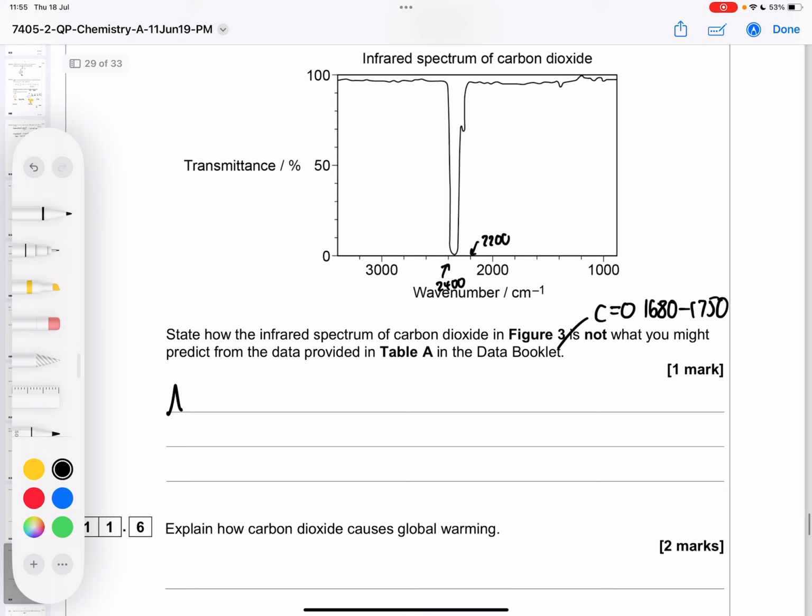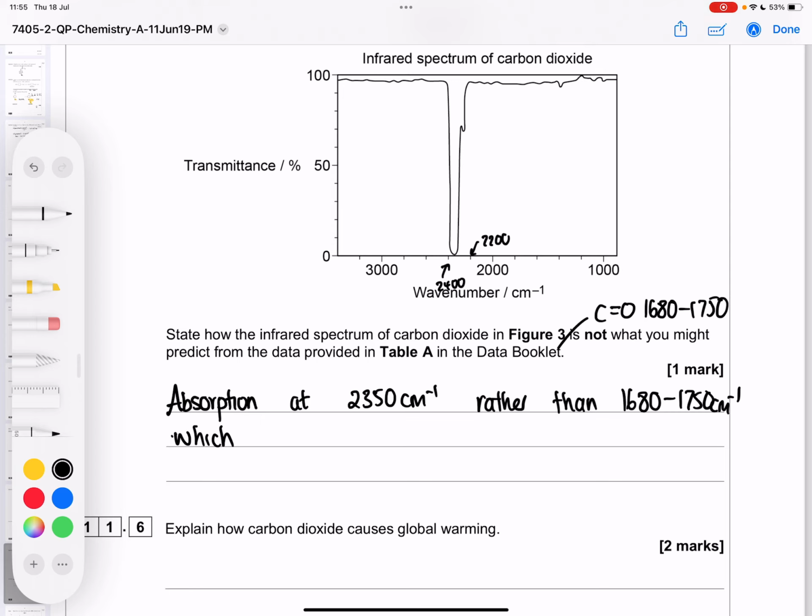So absorption at 2,350 centimetres to the -1 rather than 1680 to 1750 centimetres to the -1, which is where table A says C double bond O should be.